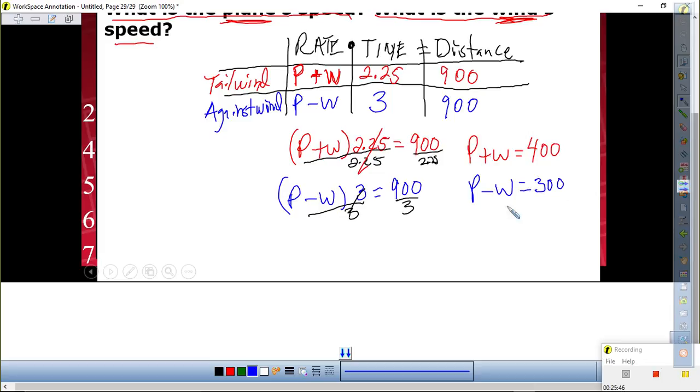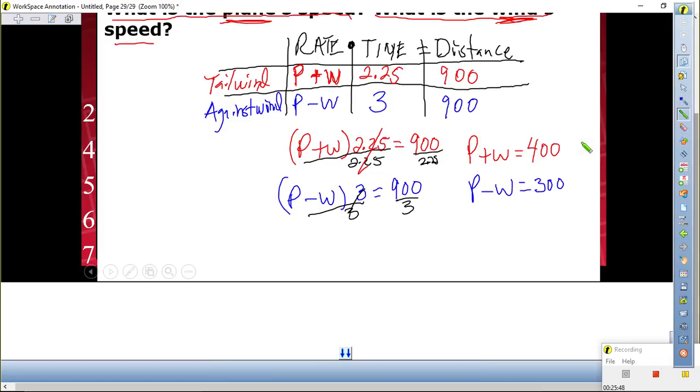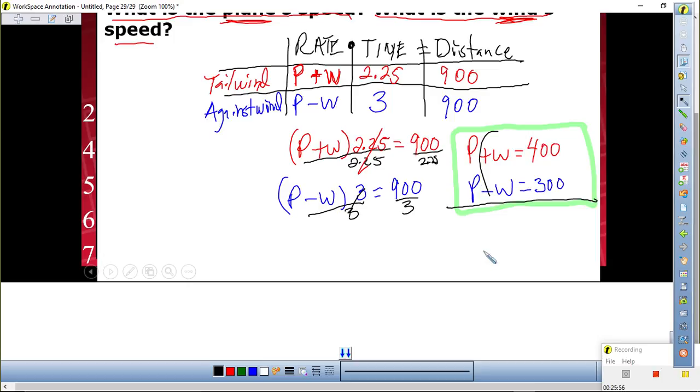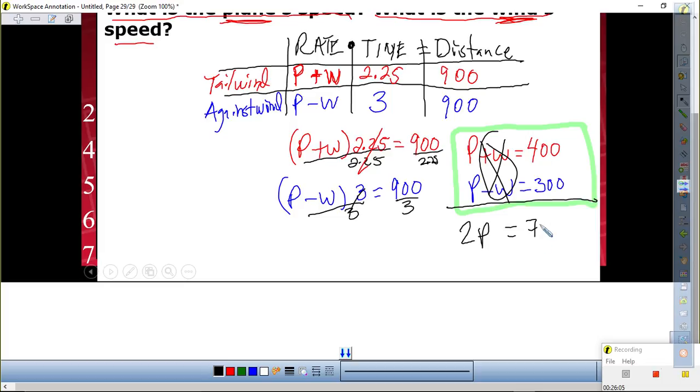Look at this system that we got left with right here. Can we solve this system? Yeah, elimination. What are we going to eliminate? The W. So we're left with P plus P, that's 2P, equals 4 plus 3, that's 700. Divide by 2. So what is the plane speed?